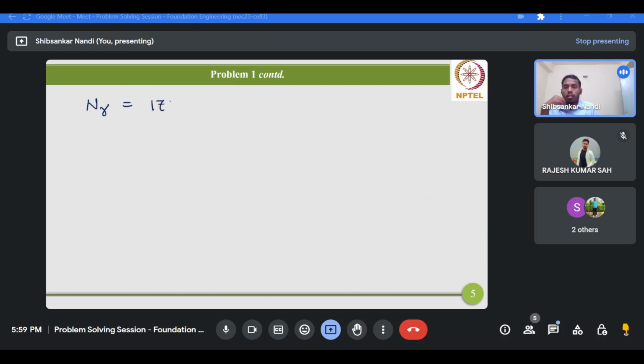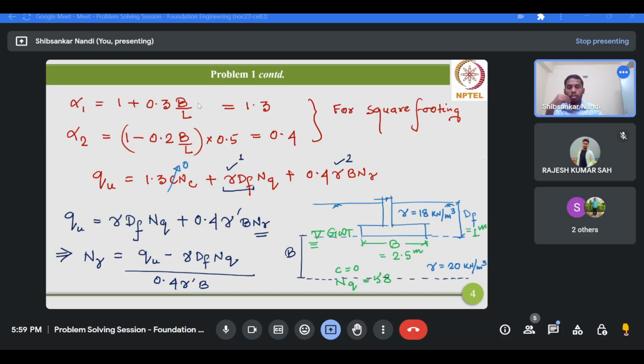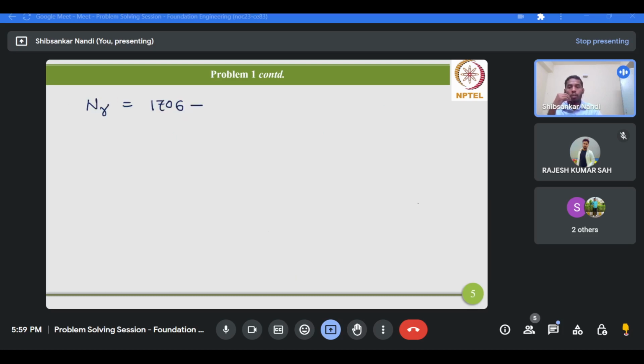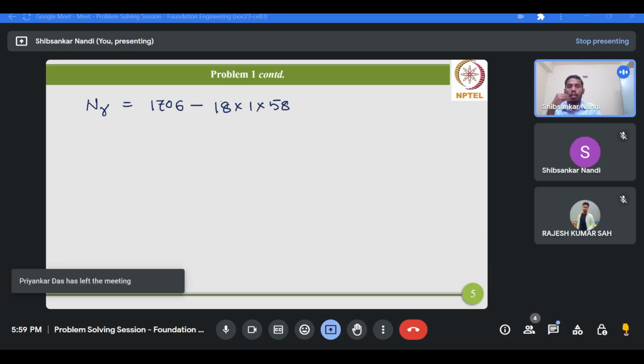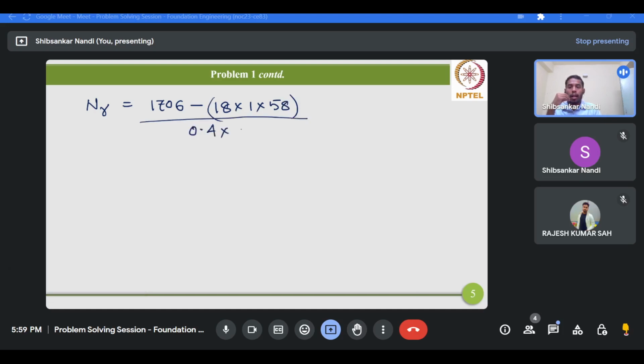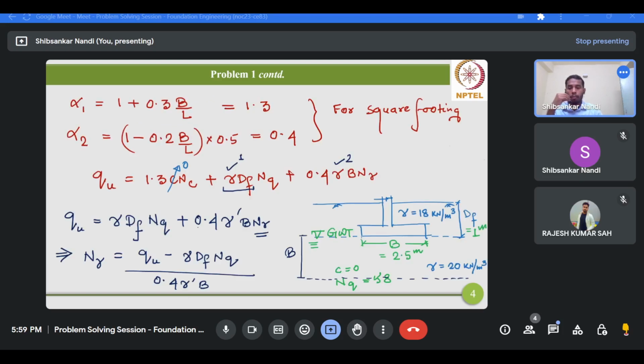So 1706 minus this gamma value, which is for above the water table, so please be careful. We substitute 18 multiplied by 1 multiplied by the Nq factor 58, divided by 0.4 gamma prime B.